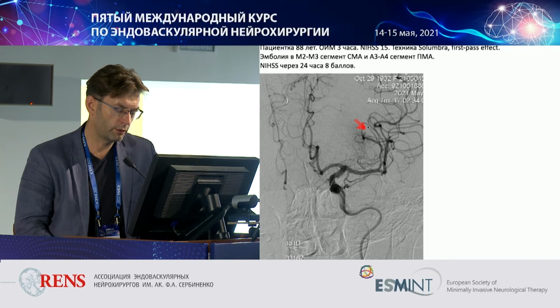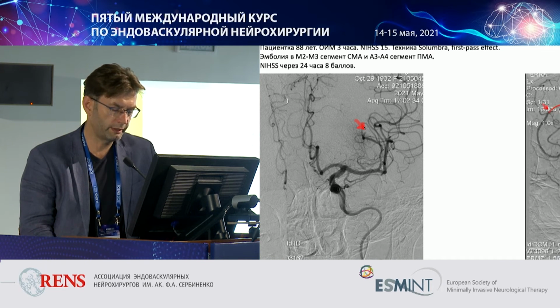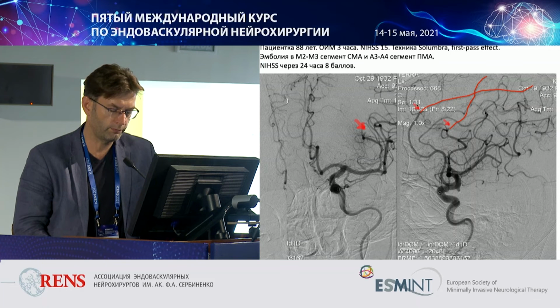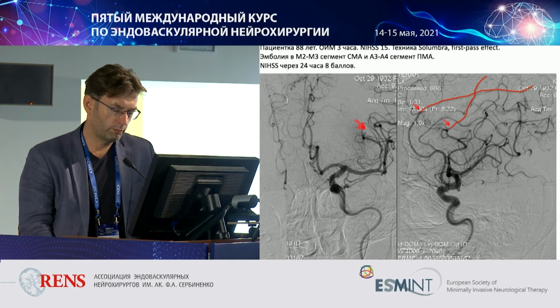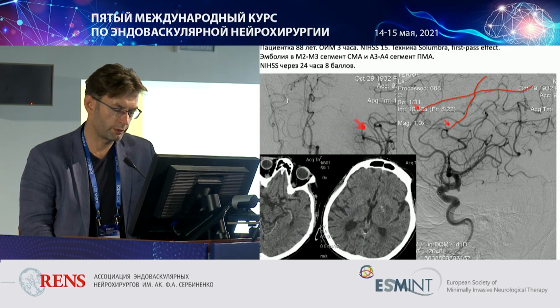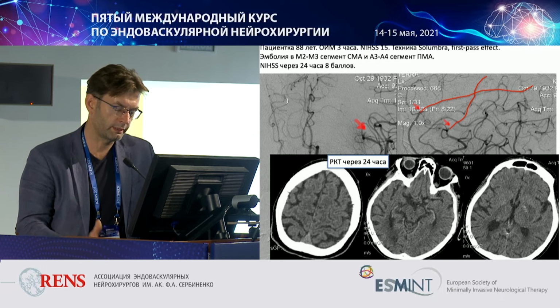In this case, they used this Lumbra technique, but as you can see, the emboli occurred in the I4 and of anterior and posterior CIs. In this case, we decided not to risk and not to remove the thrombi, keeping in mind the high level of tortuosity and the age of the patient.